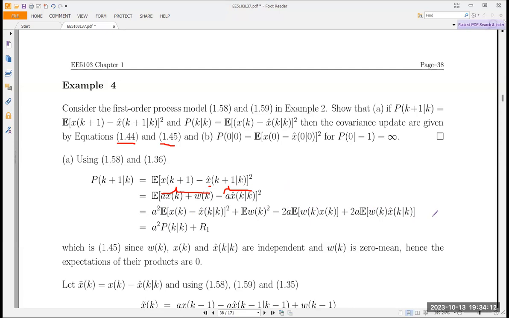Okay, so now, like I told you before, the average of this will be 0 because K is a zero mean independent variable. So this is easy. So this is 0. This is also 0 because this is zero mean. Then this is defined as R1 because this is a square of the random variable.